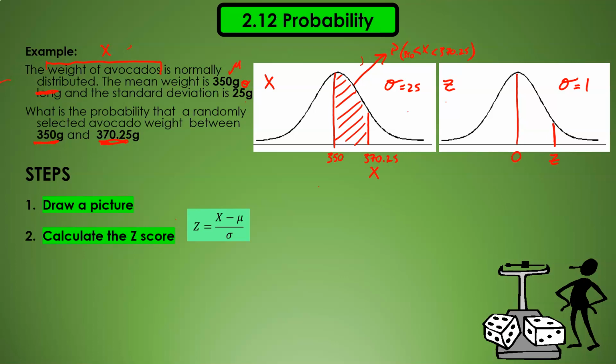So using these values, we should be able to work out that z is equal to 370.25 take away the mean, which is 350, divided by 25. Which is equal to 0.81.